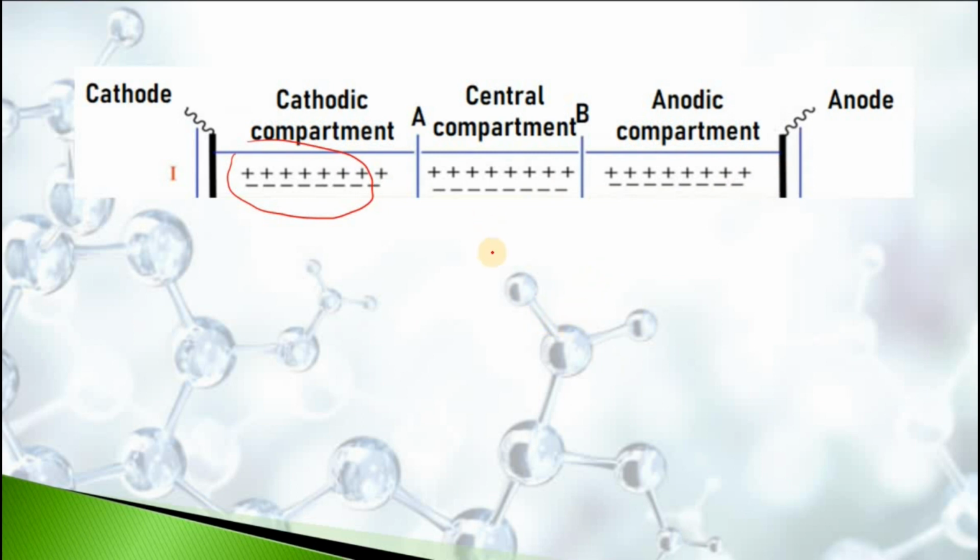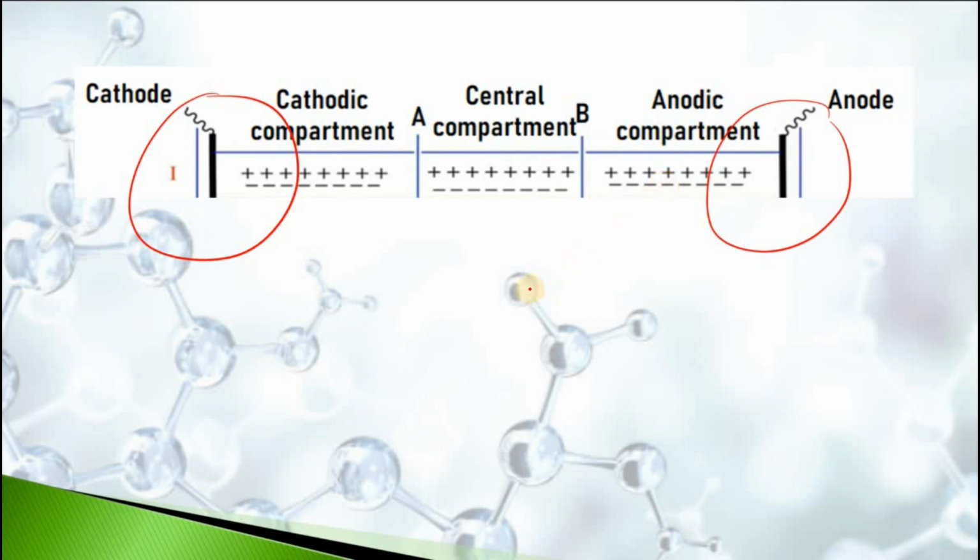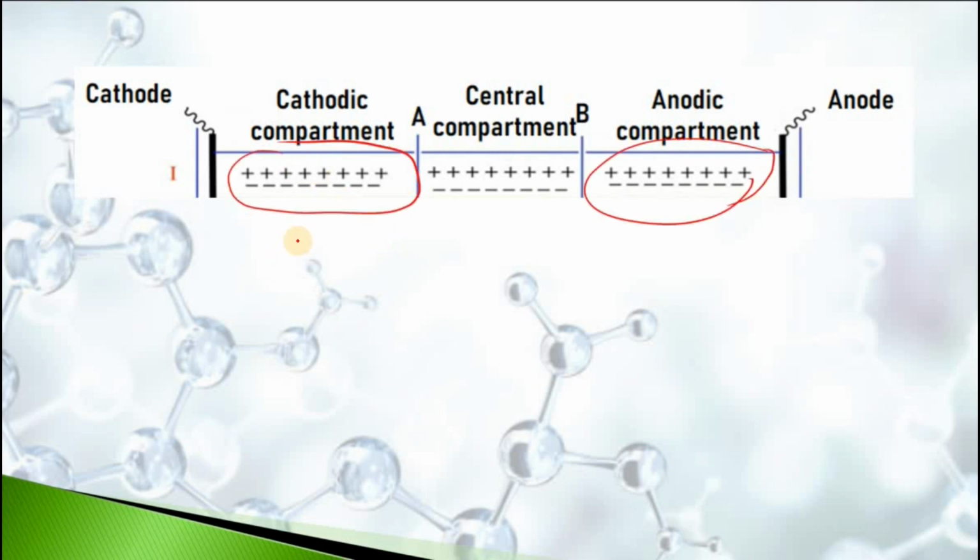At the same time, we know that ions have different mobility. That means the number of ions moving from cathodic to central, then central to anodic will not be the same as the number of ions moving in the reverse direction. So we can say on applying the potential, the concentration around cathode and anode will definitely decrease, but the decrease in concentration will not be the same because the number of ions moving depends on their ionic mobility.